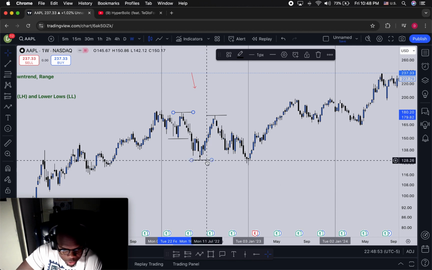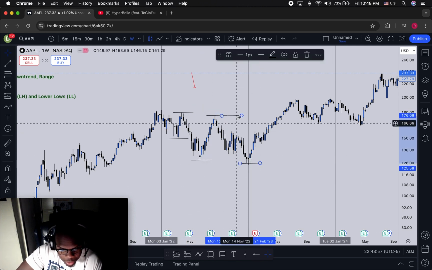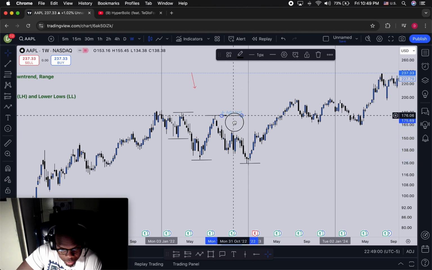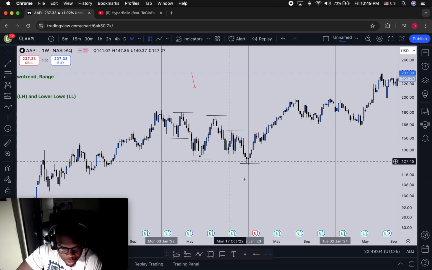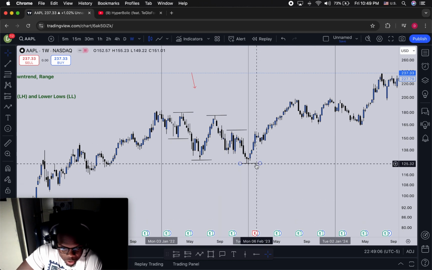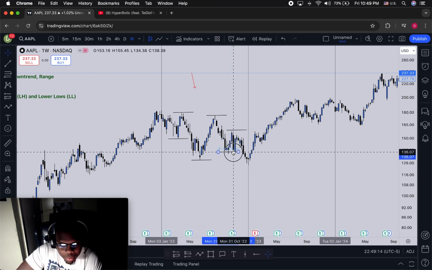If we were to continue, we have a lower low right there, and then a lower high right here. This is very small. Sometimes this can happen. This is a little advanced now. Why isn't this a lower low? Sometimes you have to look at it from a macro scale, a bigger picture.